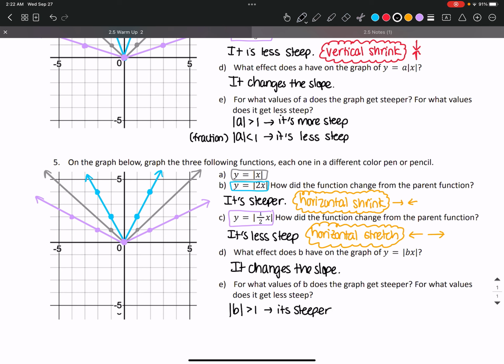And when the absolute value of b is less than 1, then I know it's less steep. And this is when I have a fraction. And the other case is when I have, it doesn't have to be a whole number, it could be any number really. Okay, and that's the warm-up.